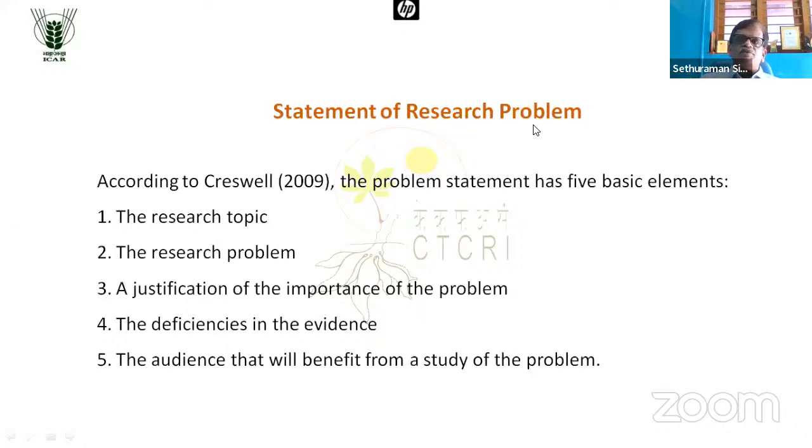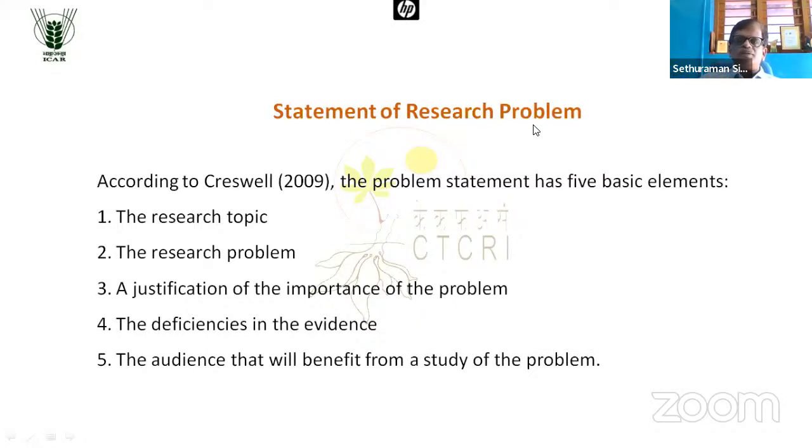In KVKs, they implement many technology refinement programs, assessment programs, and technology popularization programs. Most of the time in KVKs, they try to do some kind of impact assessment study. They say that this much money was spent on promoting this particular variety, crop, or livestock breed.